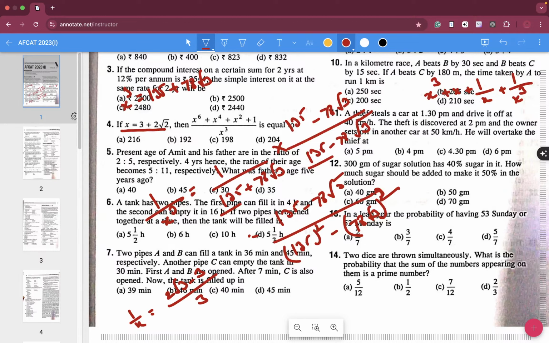This does not look like a very easy question for us to work out. Let me just check if we have done any calculation error somewhere.